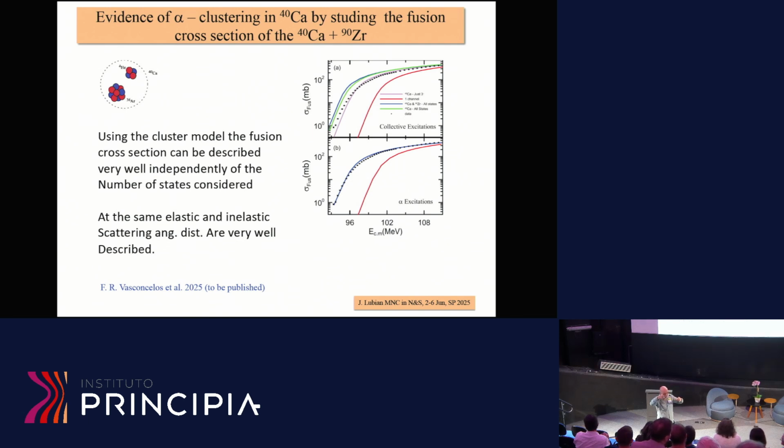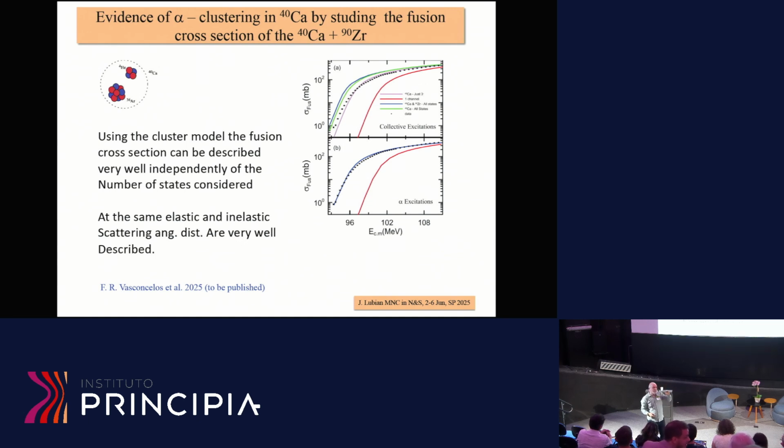You enlarge the wave function of your ground state, and this will produce some enhancement or decrease of the elastic scattering, enhancement of the fusion cross-section, but just because of the cluster configuration, not the dynamic part, that is the continuum part. This will be important when you have very low separation energy, like in lithium-6 or lithium-11 or beryllium-11, or those that have, let's say, at least less than 4 MeV. But I would say more than that.